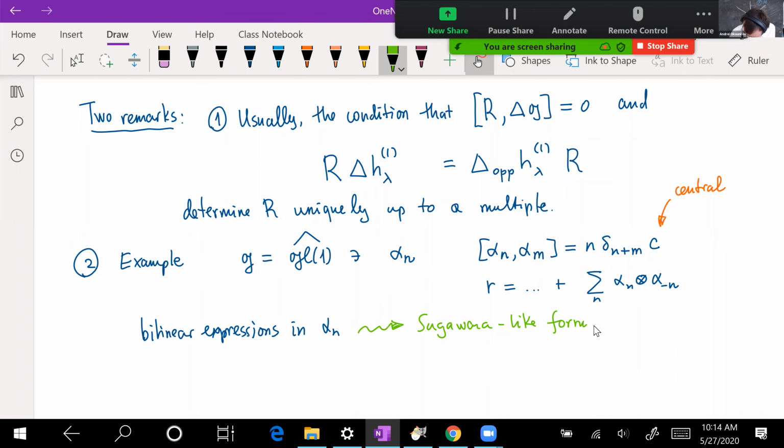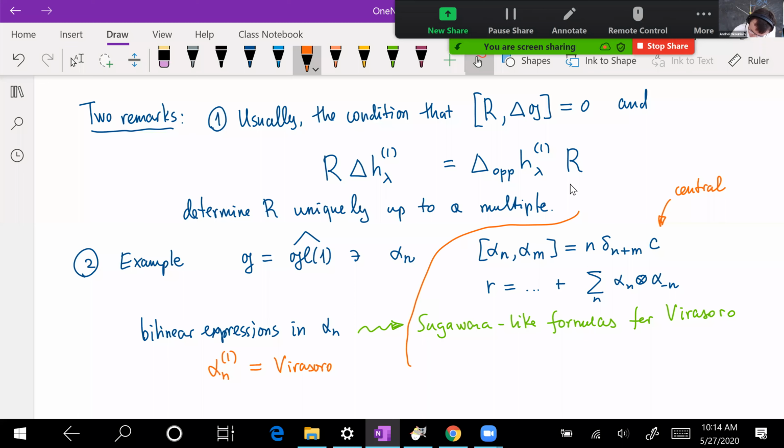Well, maybe Sugawara is overkill here, since I'm doing the simplest loop group here, for the Virasoro algebra. In fact, this is kind of the older brother, that is the Virasoro. And this formula here just means that the R matrix is what's called the Liouville reflection operator.